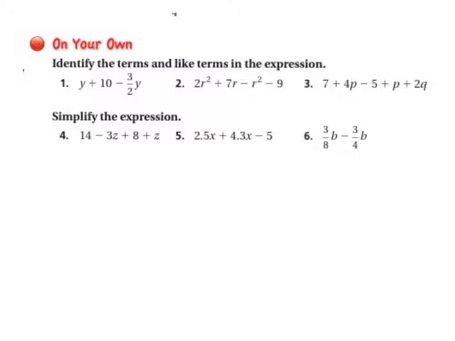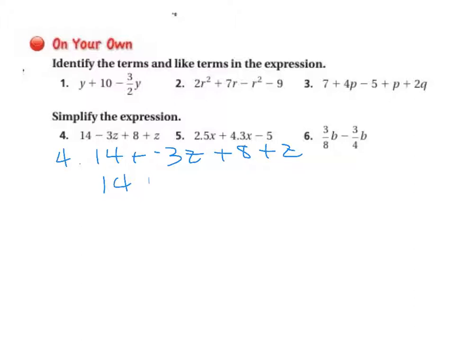Now we're going to take a minute and simplify these expressions in 4, 5, and 6. Our first step is to rewrite the expression using addition. So 14 plus negative 3z plus 8 plus z. And then we use our commutative property to switch things around so that the like terms are next door neighbors.